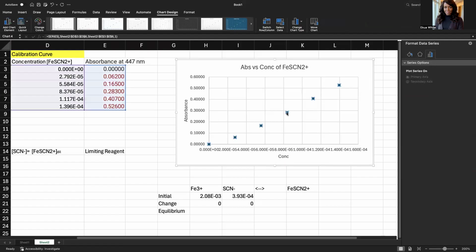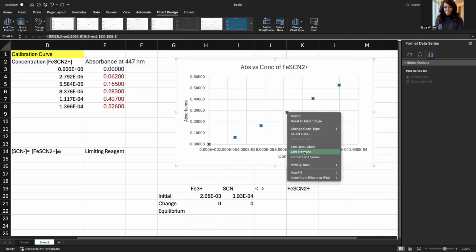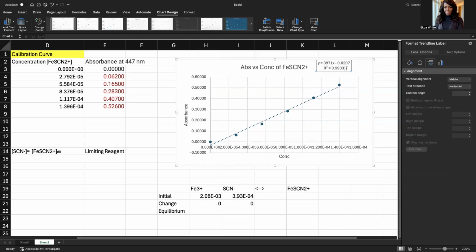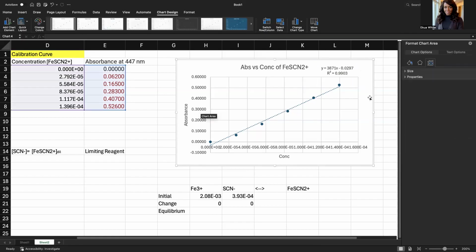Now I'm going to right click on this and then add trend line. For this one, I want my R squared displayed and I want the equation of the line. So we're going to move this over here. Okay, so my equation is now all different.